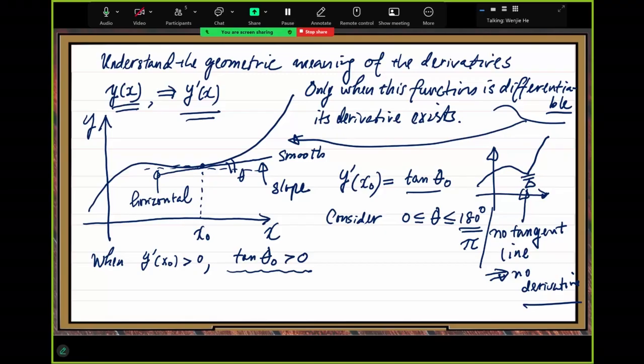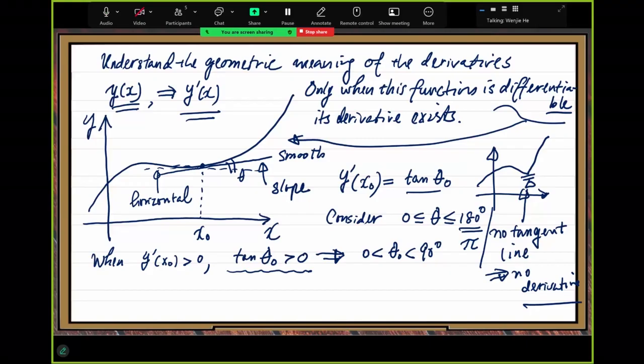So the conclusion is that the range must be between 0 and 90 degrees, exclusive, not including 90, because at 90 degrees tangent theta is not defined. It does not exist, or you can say infinity, but it's not a number. So we cannot include 90 degrees.